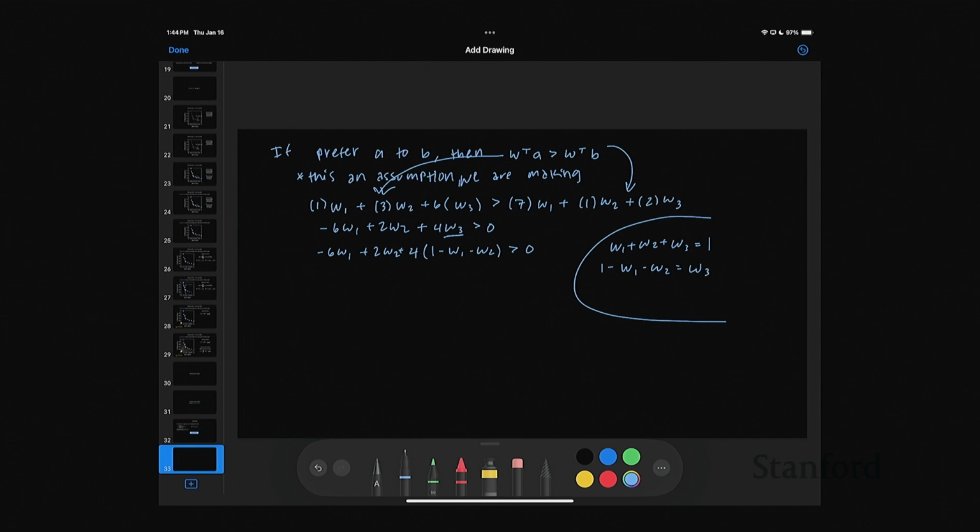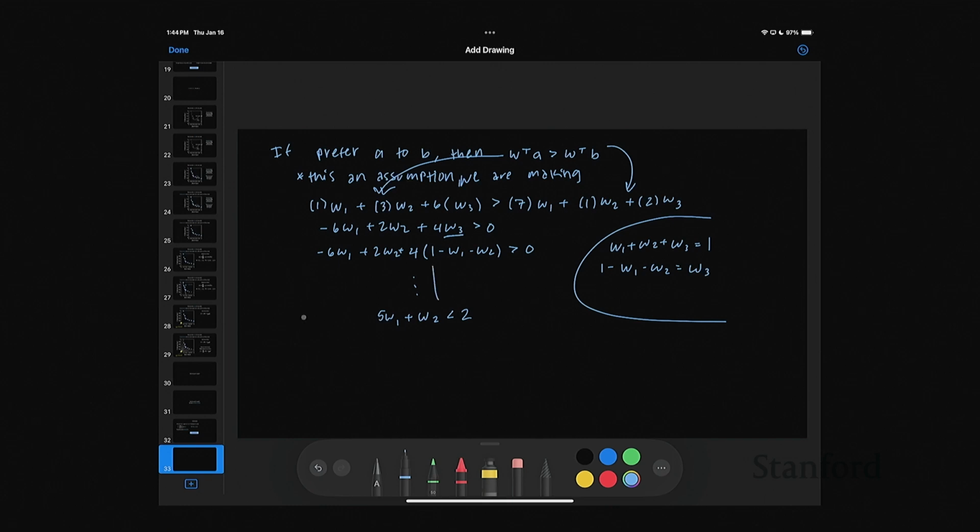And so then we can continue to multiply things out, and eventually we're going to get that 5W1 plus W2 is less than 2. Okay, so all we did was continue plugging things in.